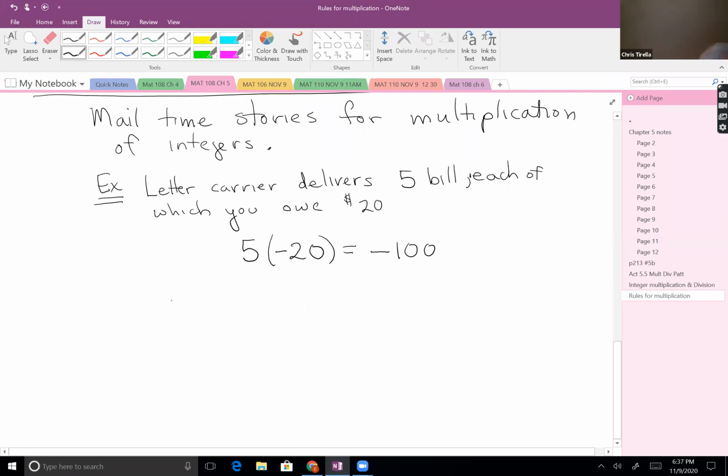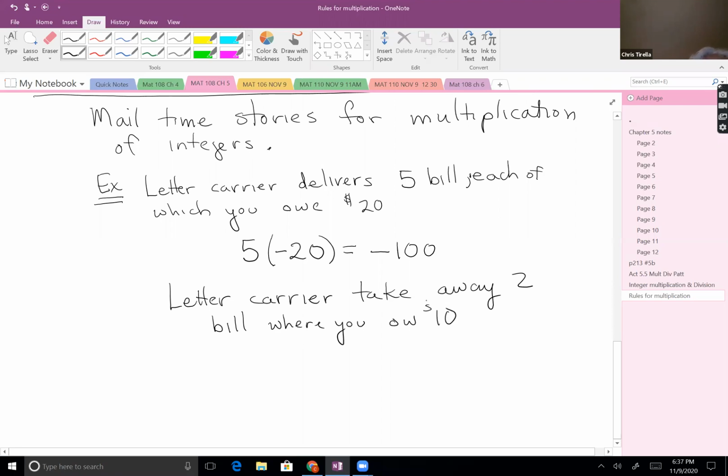However, instead, if the letter carrier takes away 2 bills where you owe $10, since he's taking them away, we'll look at that as negative 2 times negative 10.